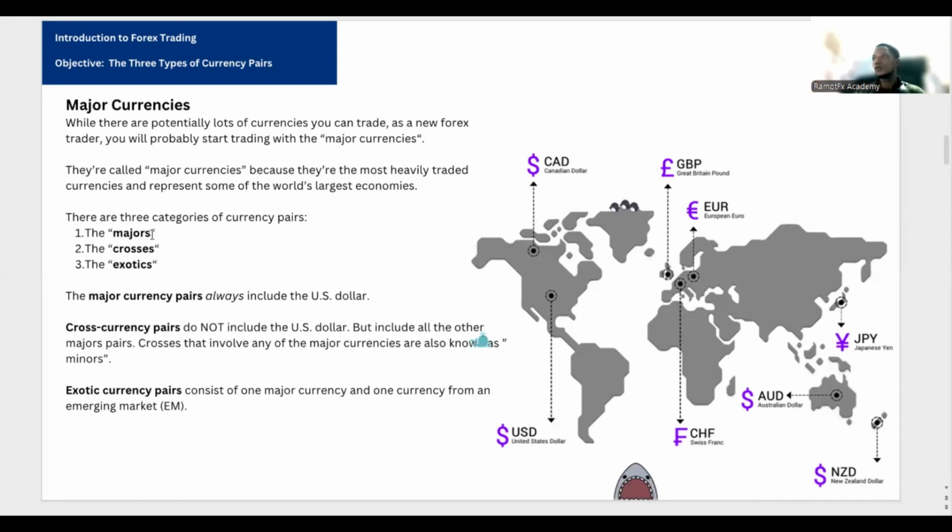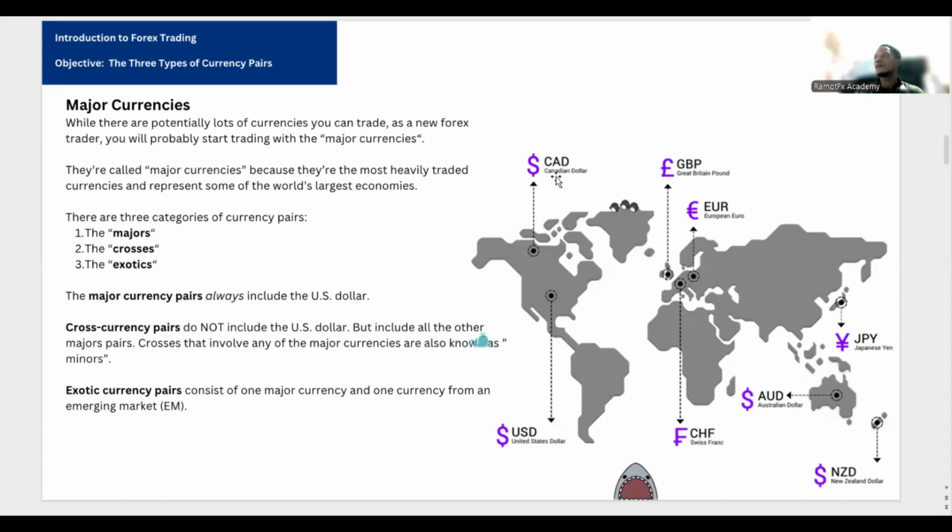Now, the major currency pairs always include the US dollar, and they are 8 in number. This is them. When you look at this illustration, we have CAD, the Canadian dollar, GBP, the Great British Pound, EUR, the European Euro, USD, the United States dollar, JPY, the Japanese yen, AUD, the Australian dollar, CHF, the Swiss franc, and NZD, the New Zealand dollar.